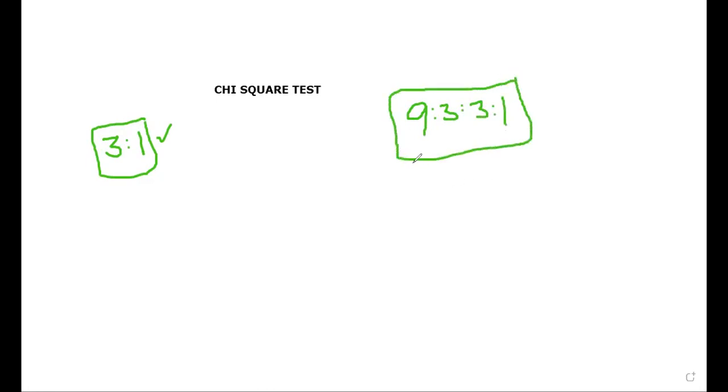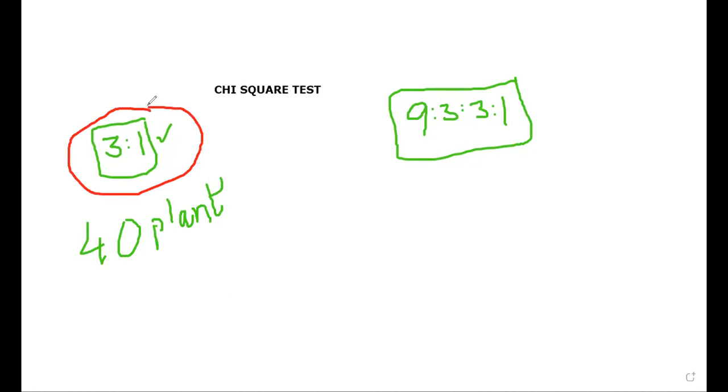Now the point is, what does it mean? Before I go into the detail, just remember, for example, if I have 40 plants and I go for the ratio of the law of segregation, the monohybrid cross, then 30 should have the dominant trait, homozygous or heterozygous dominant, and 10 should be recessive.